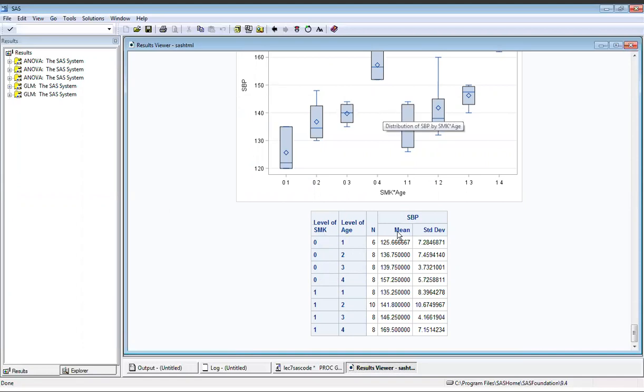So based on that model, we can calculate, for example, non-smoker with age group 1, non-smoker with age group 2, all the way to a smoker in age group 4. And again, in this table, we have the sample size for each combination of the factors, and also we have the mean and standard deviation.